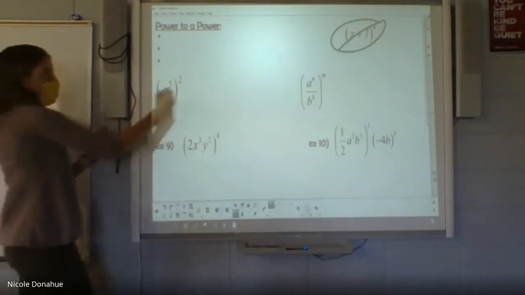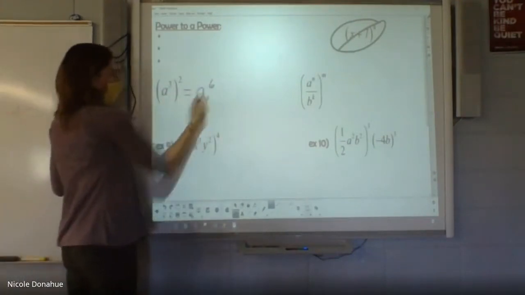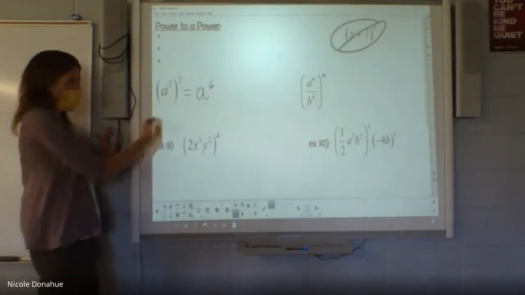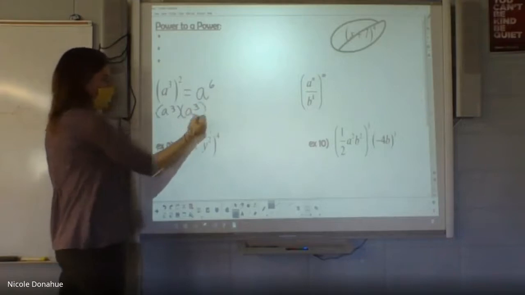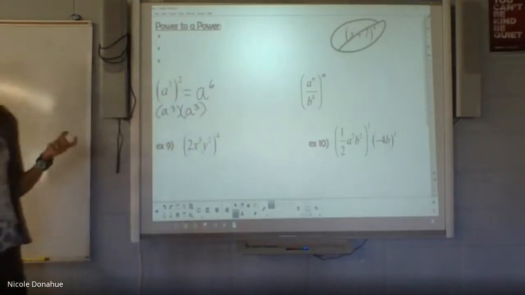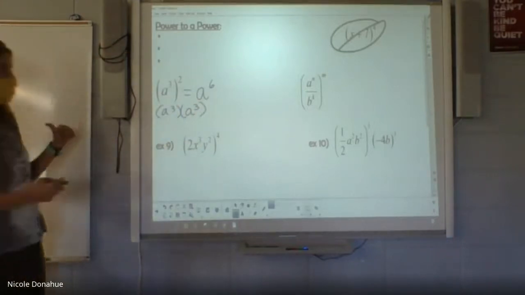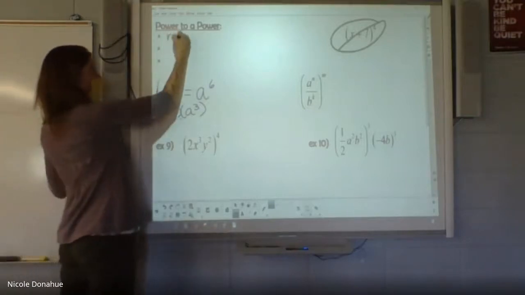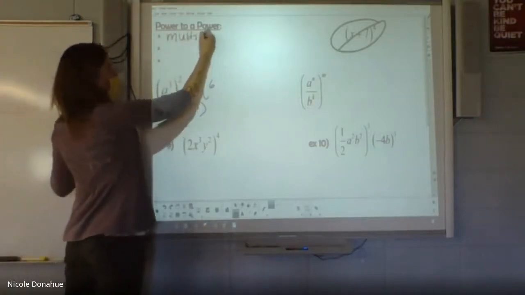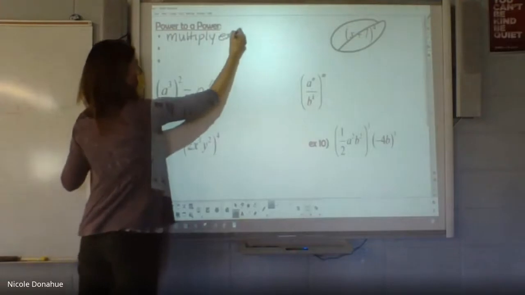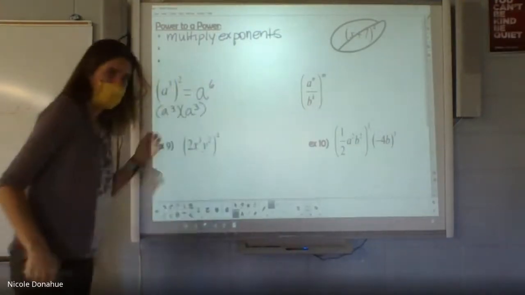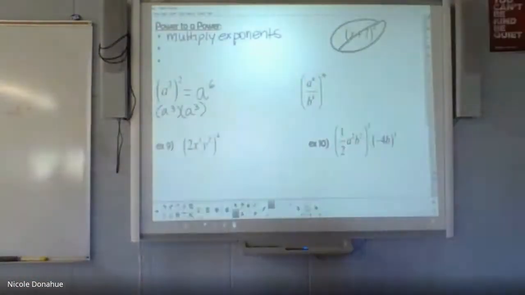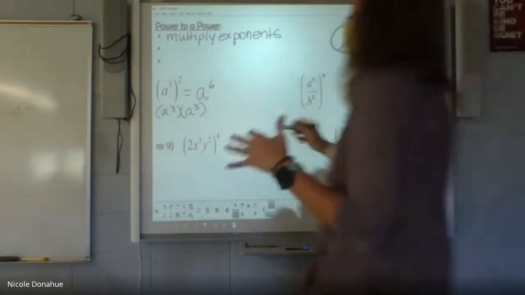If it's a to the 6th power, a to the third is being multiplied by a to the third, so 3 and 3 would be 6. We're going to multiply the exponents, but when you do that, you're going to distribute them to all the bases.